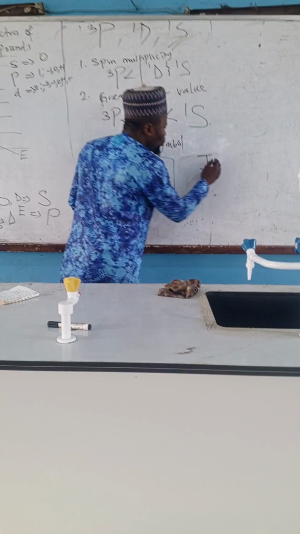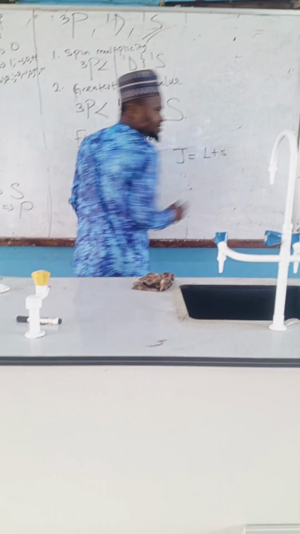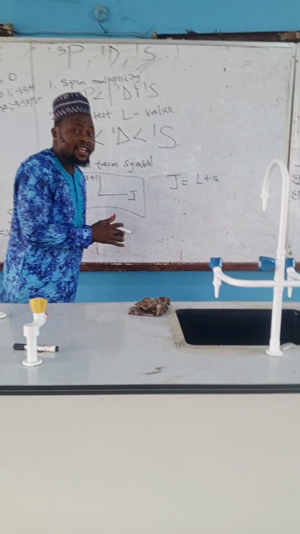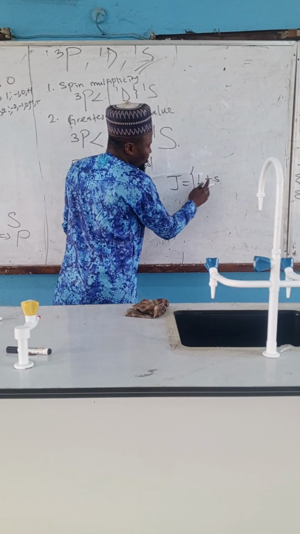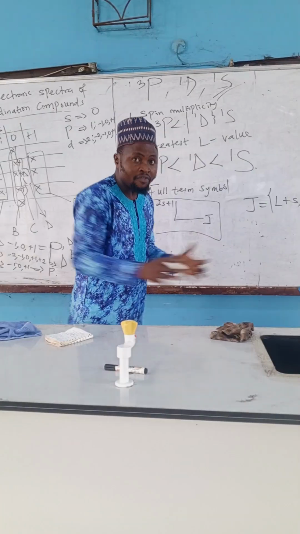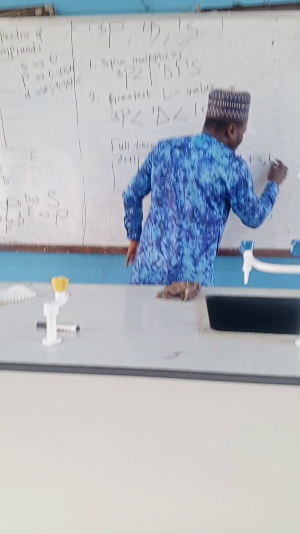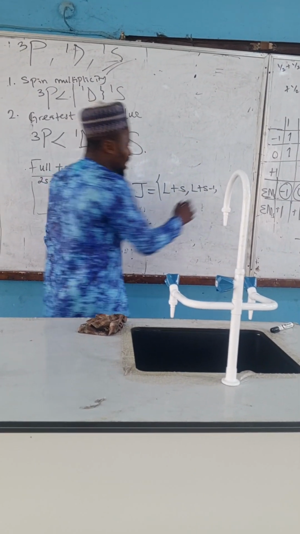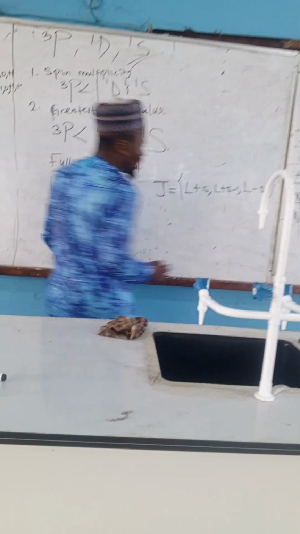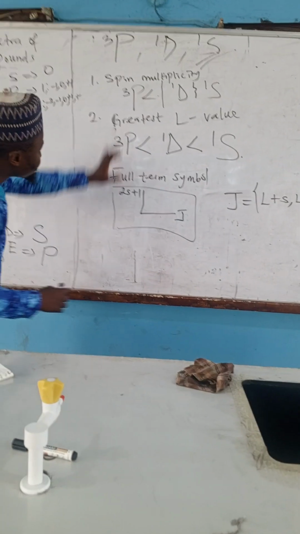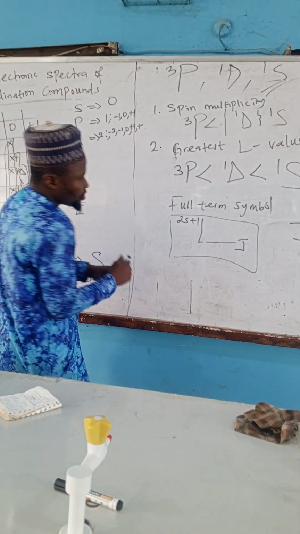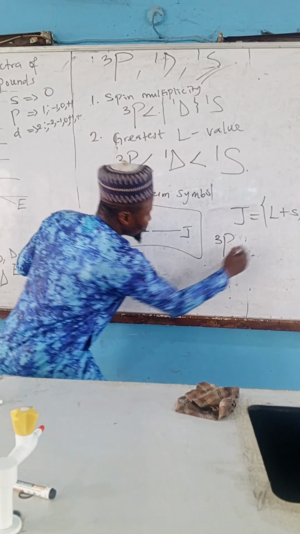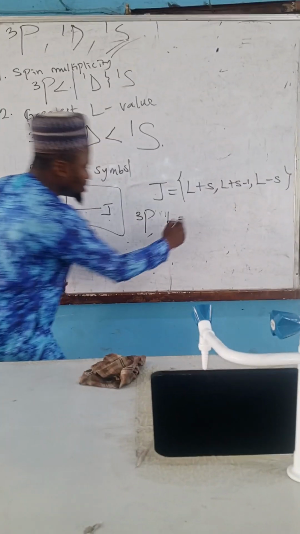And for all J value, we have L plus S. J value is a range of numbers, which are, the first of the data is L plus S. The second one, L plus S minus 1. And the last one is L minus S. Right? For cases where you have 3. Now for this case, alright, we've got to get the L value. The L value for 3P, the L value, S P D is 0 1 2, so P is 1.